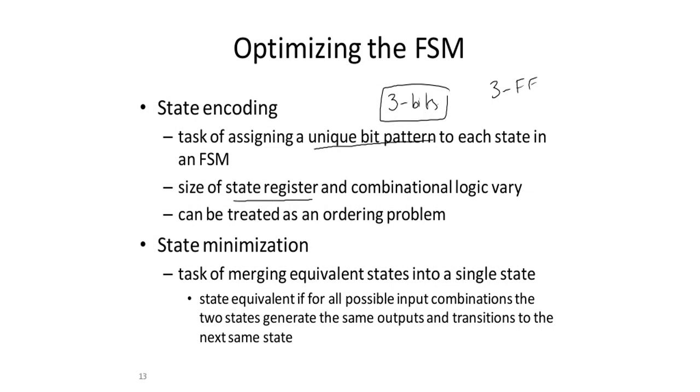Another thing is state minimization. You can merge 2 states into a single state if, for all input combinations, the 2 states generate the same outputs and transition to the same next state. That is nothing but your kind of self loop. In this way you can modify the finite state machine.